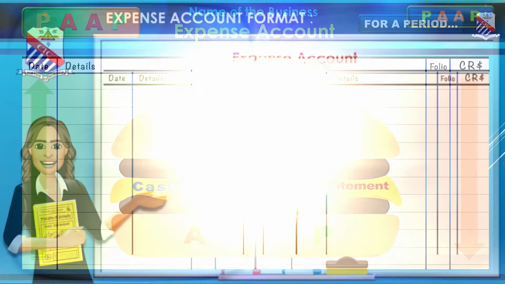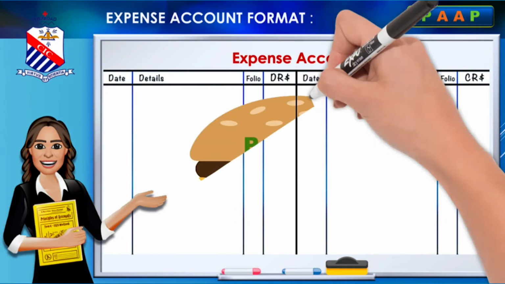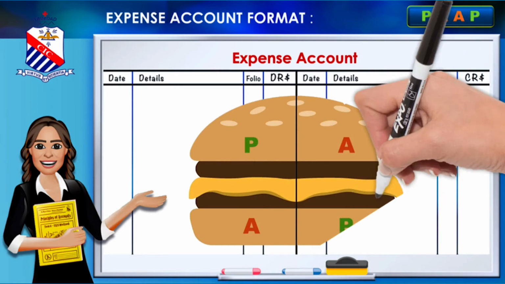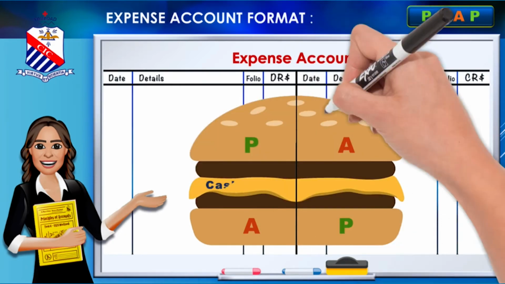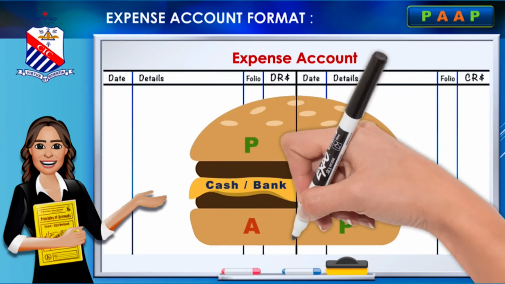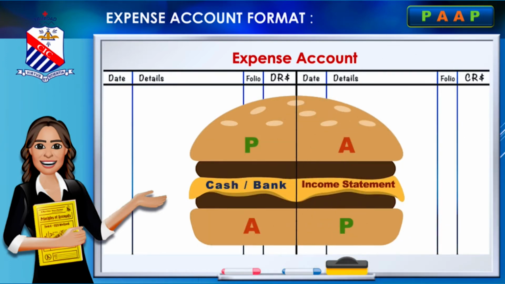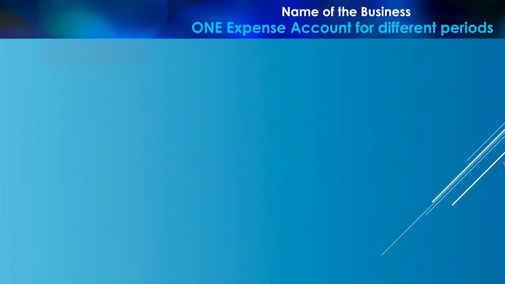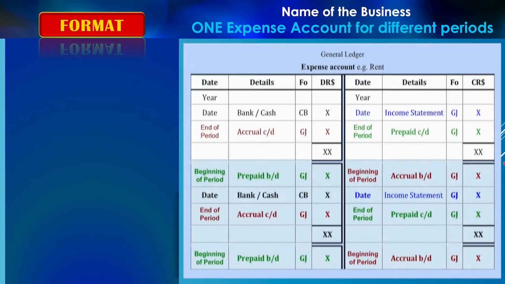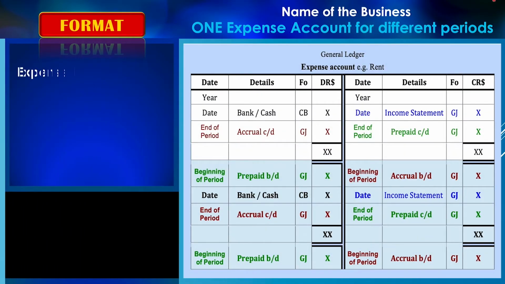And this is the format for your expense account for a period. It's a way for you to remember it. If you have another way that you can remember it, feel free. PAAP, remember that word, not crap. Don't do crap, do PAAP. Good? So here we have our format for the expense account.